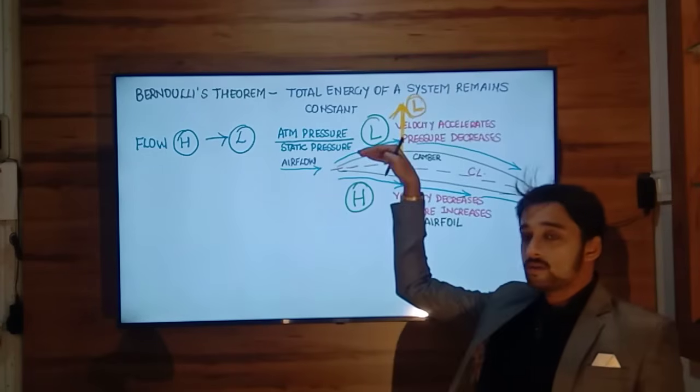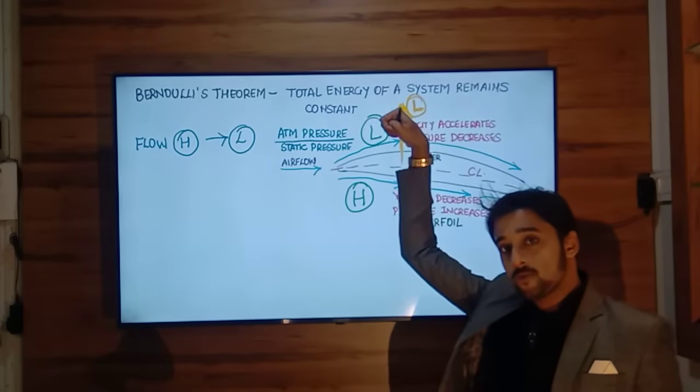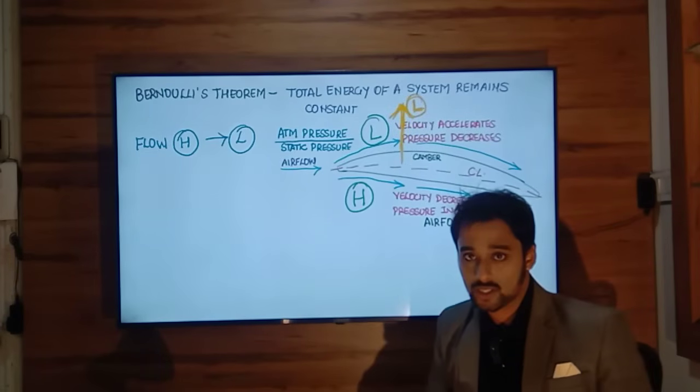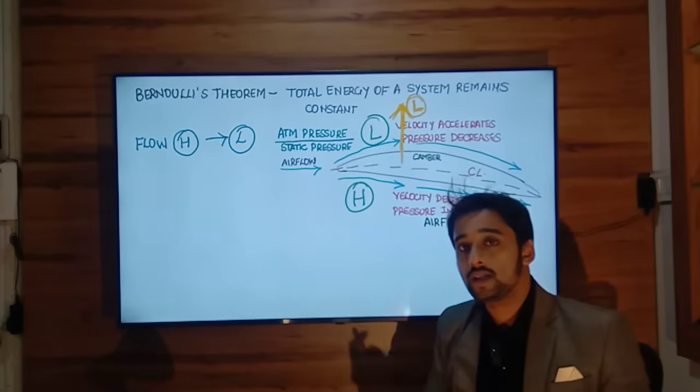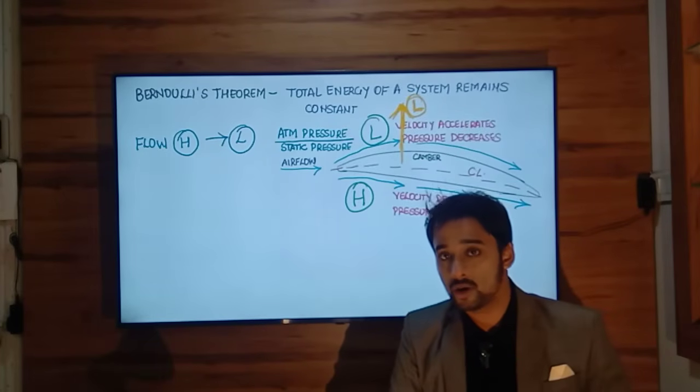So high to low, this wing will be pulled upward, and that upward force is nothing but a lift force. This is one way of explaining the generation of lift using Bernoulli's theorem.